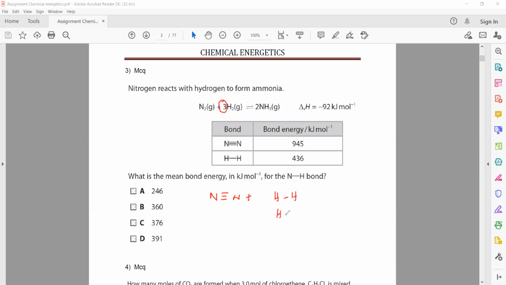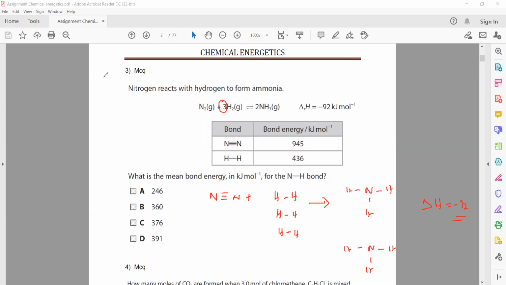So there are 3 molecules of hydrogen, and it gives 2 molecules of ammonia. And the energy change when this reaction occurs: the forward reaction is exothermic, as it shows that minus 92 kilojoule per mole of energy is released.